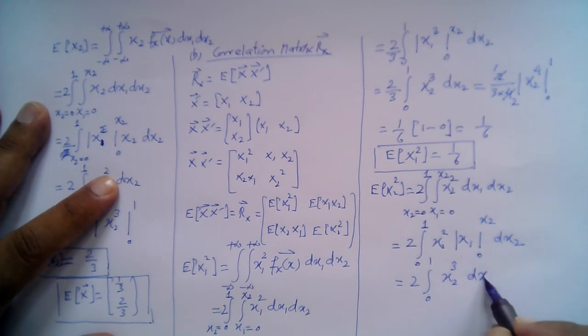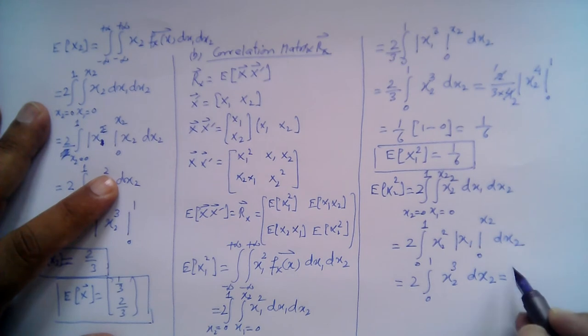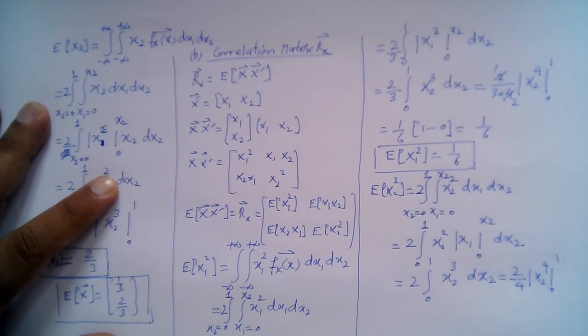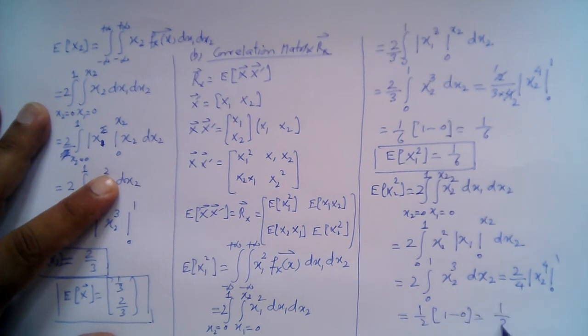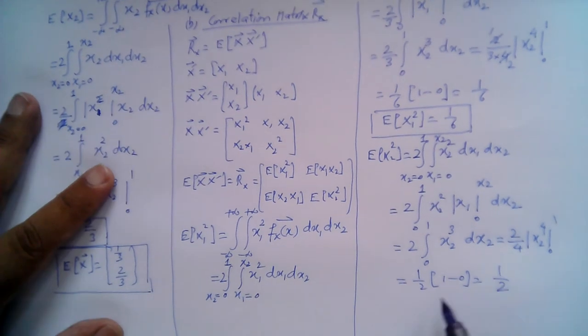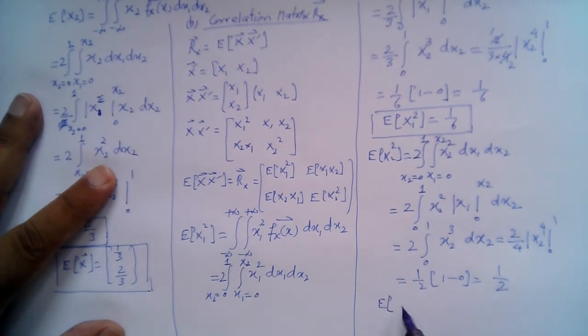And a dx2. When we integrate, this will be x2 raised to the power 4 over 4, with limits 0 to 1. So this will result in 2 over 4, or 1 over 2 into 1 minus 0, which is 1 over 2. So expected value of x2 square is 1 over 2.